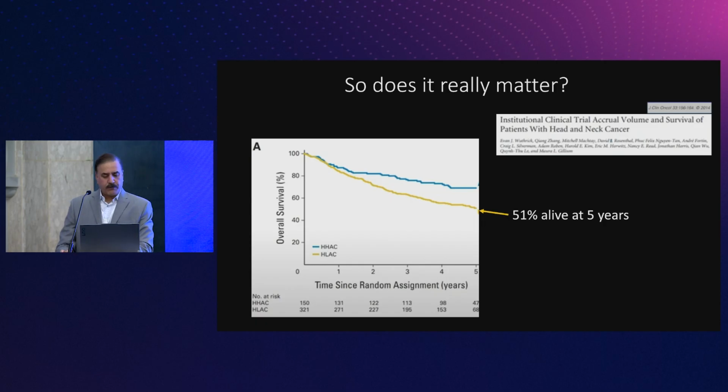So for the patients who were treated by general radiation oncologists out in private practice, the survival at 5 years was 51%, as opposed to people who were treated with head and neck specialized radiation oncology in most academic centers, where 65% were alive at 5 years.